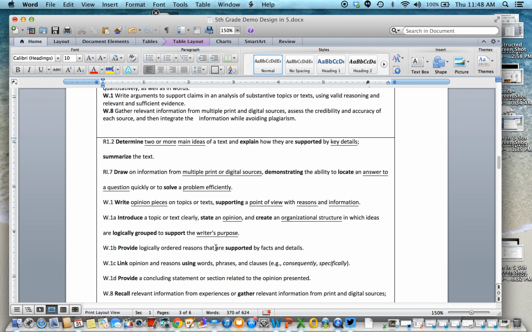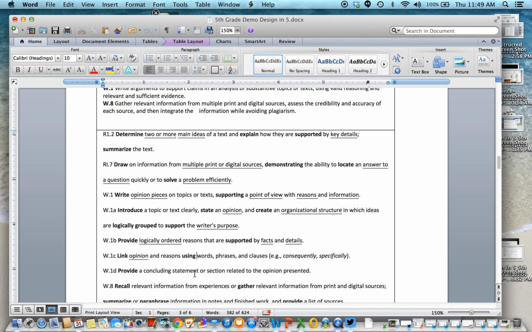So we're going to have to set a purpose for which they're going to write. Logically ordered, again, that's kind of criteria. And we're going to be talking about facts and details. We already have opinion, reasons, and this is kind of the grammar part of this. But really, linking those, using linking phrases, creates flow in writing.